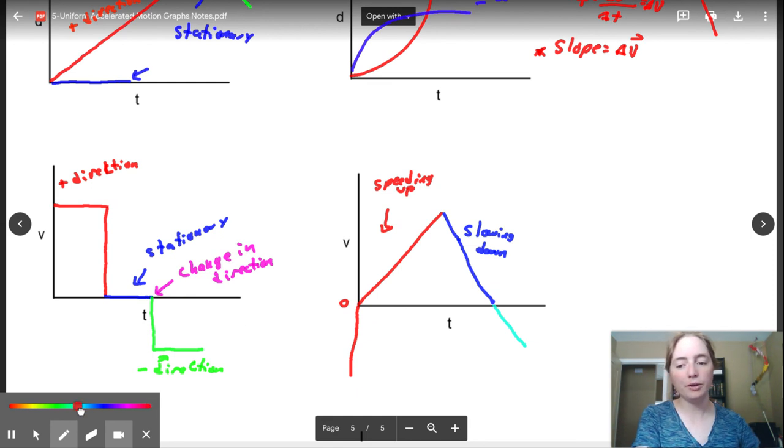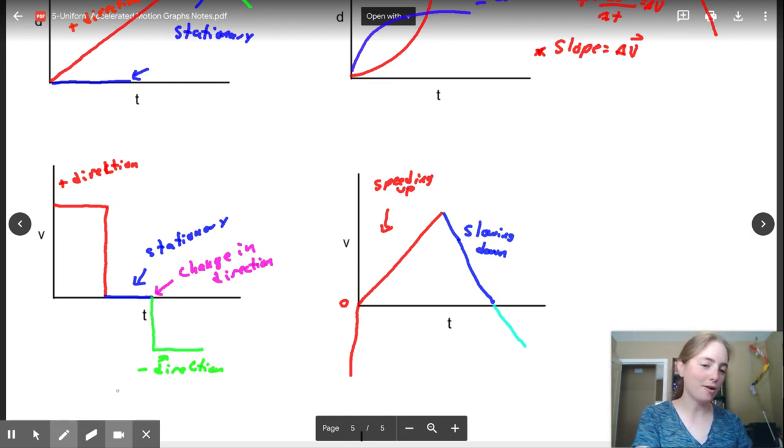For that one, guys, you're speeding up in the opposite direction. Notice we're getting farther away from zero. We're getting more and more negative. You're going faster in the opposite direction.